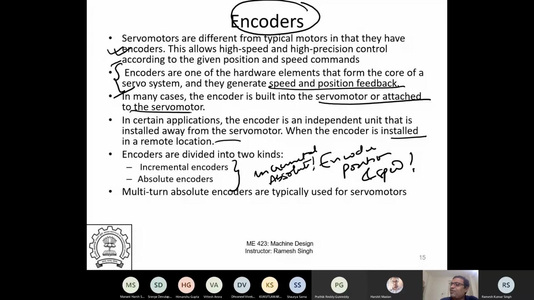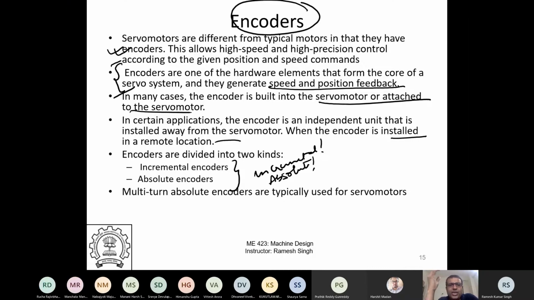So can anybody tell me what will be the difference between incremental and absolute encoders? What do you think will be the difference between incremental encoders and absolute encoders? How will they be different? Any ideas? How do you say this is an absolute encoder and this is an incremental encoder? What will be the fundamental difference between the two? Somebody should guess, right?